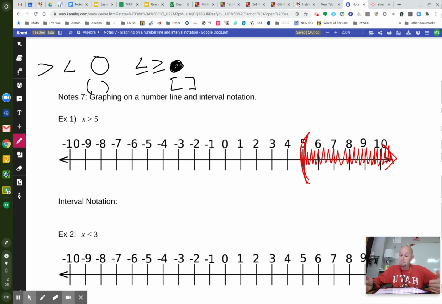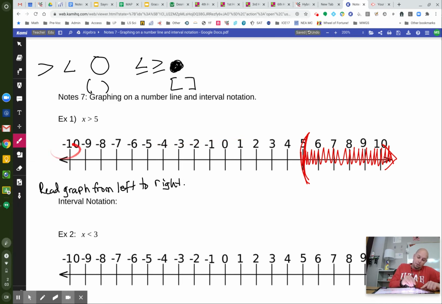Now, interval notation is a little tricky, but for interval notation, remember you're going to read your graph from left to right. So what that actually means is if I start over here on the left and I keep going, I'm going to get to a parenthesis.